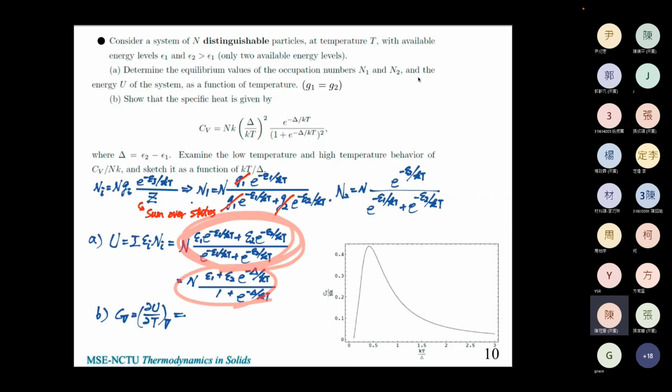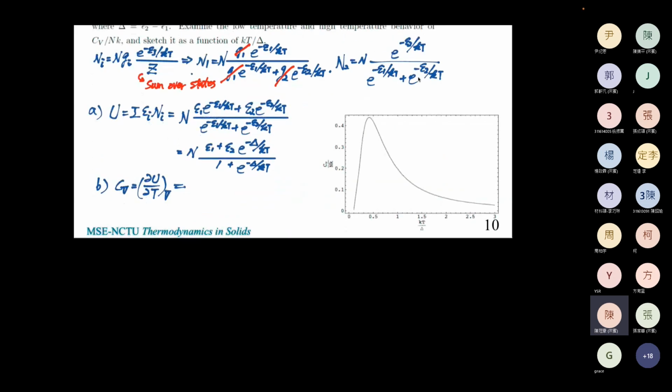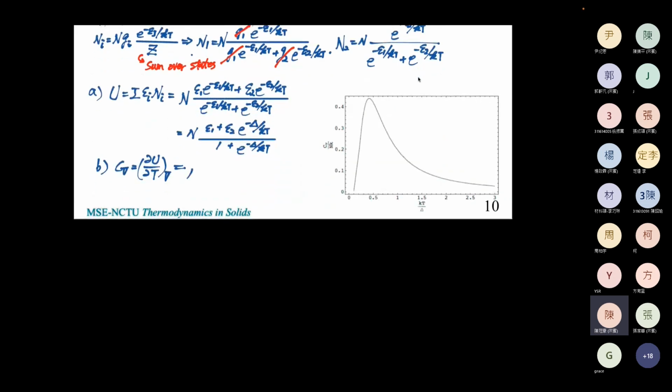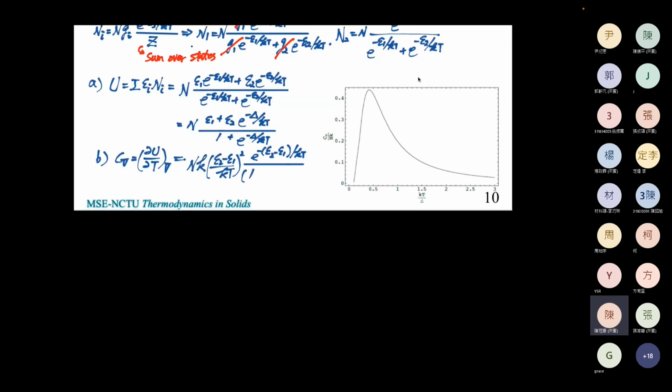So we do the differentiation and we can have NK, epsilon 2 minus epsilon 1 over kt squared, exponential epsilon 2 minus epsilon 1 over kt, over exponential of epsilon 2 minus epsilon 1 over kt, squared.